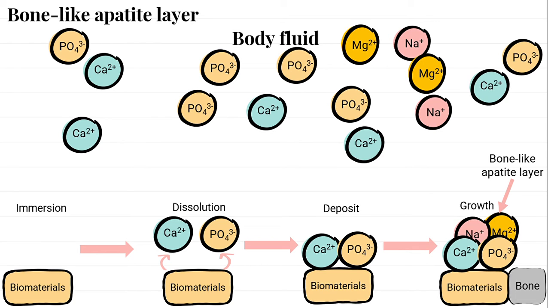These combine with some sodium, magnesium, and protein to form the bone-like apatite layers.